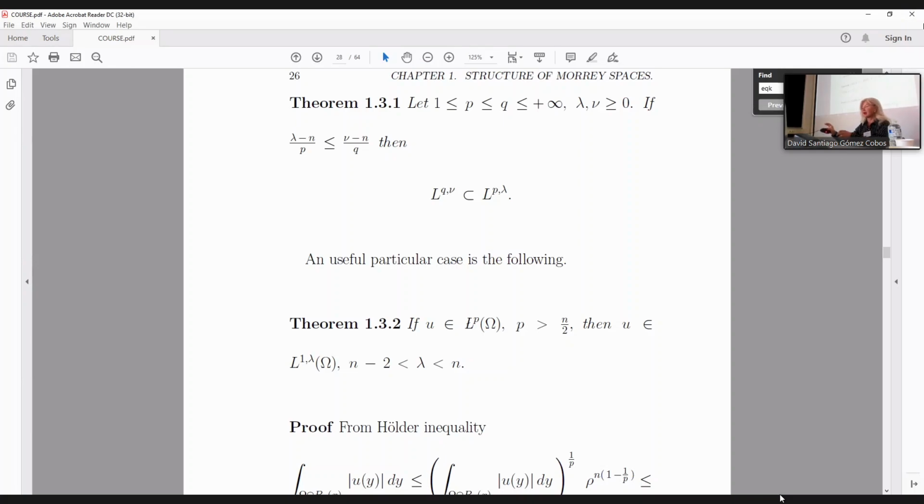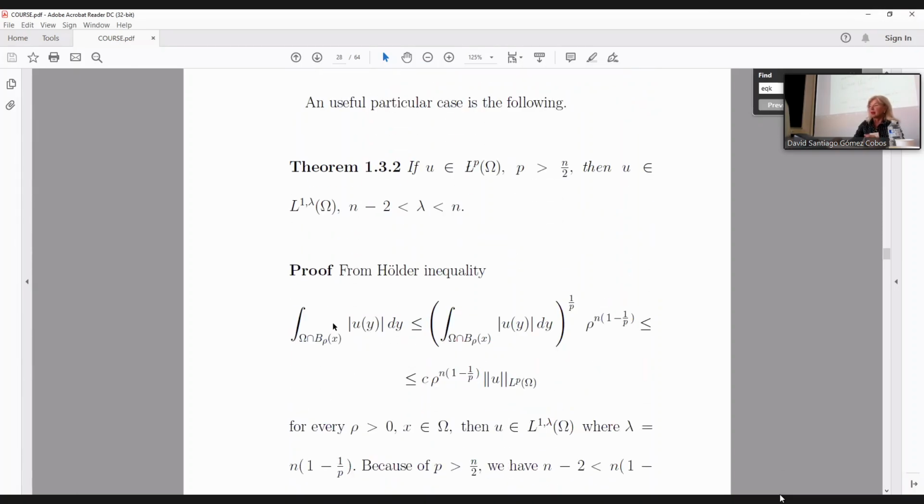This and a lot of other inequalities that compare these kinds of spaces are based on Hölder inequality. Indeed, if we consider the integral in Omega intersected with B_rho of u, using Hölder inequality, we have the result through this first line here. Then, of course, the first quantity is the norm of u in L^p. Then the exponent of rho is n times 1 minus 1 over p, and we have that u is in L^{1,lambda}.